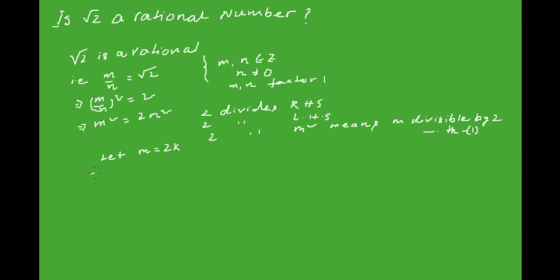Now let's assume m is equal to 2k. Now 2k's whole square is equal to 2n square. Now 4k square is equal to 2n square. Now 2k square is equal to n square.